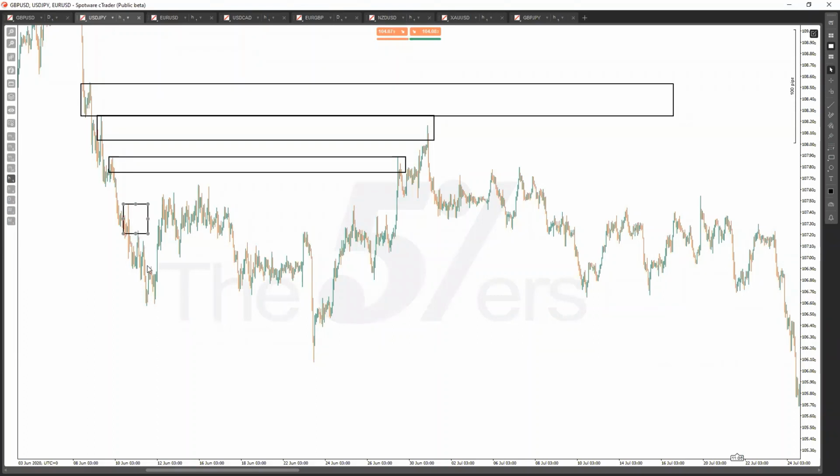So we have this reaction back down, and it no longer exists. Same thing on this decision right here, and then a very fast reaction, and it no longer exists as supply. Okay, so next time price comes into this zone, it's no longer valid, so we know to stay away, and we're not going to take a sell from these levels any longer because we had our first touch.